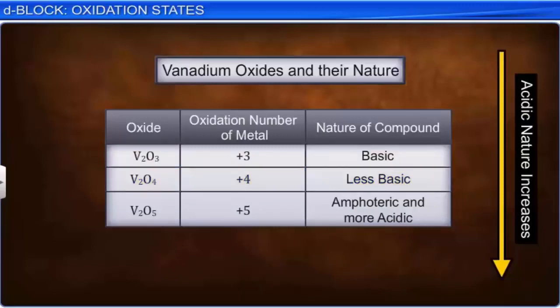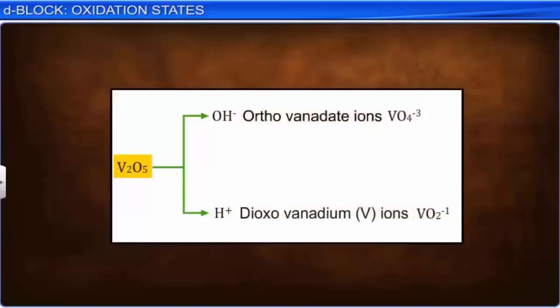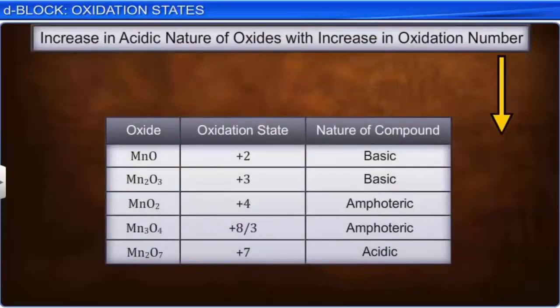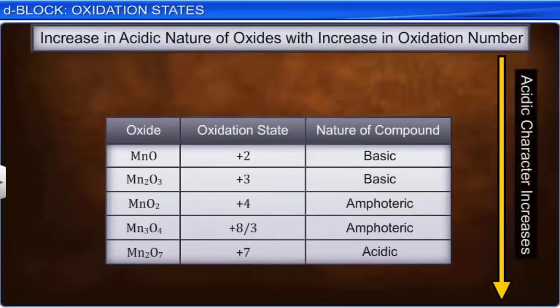Vanadium 5 oxide reacts with alkalis to give orthovanadate ions, and with acids to give dioxovanadium 5 ions. In higher oxides, the acidic character is predominant. Thus, manganese 7 oxide gives permanganic acid, while chromium 6 oxide gives chromic acid and dichromic acid.